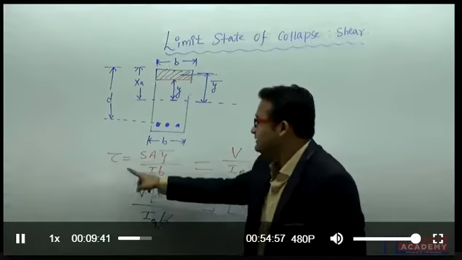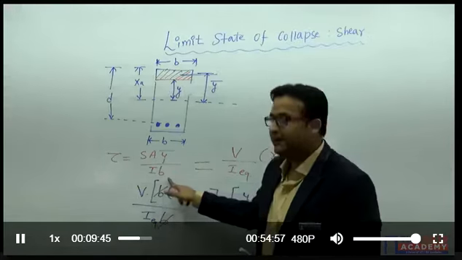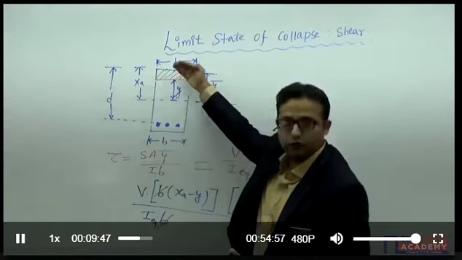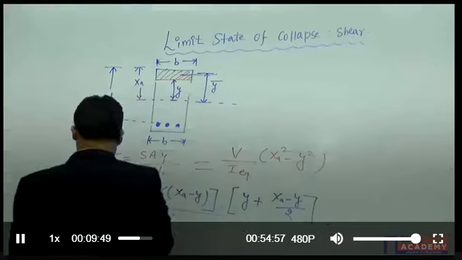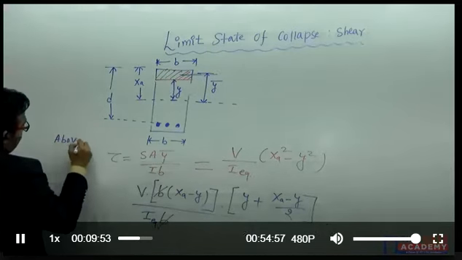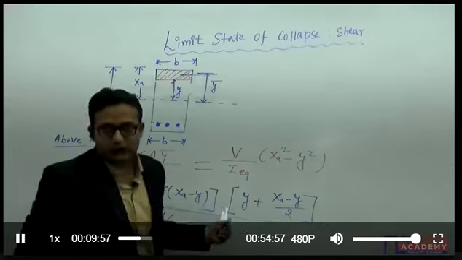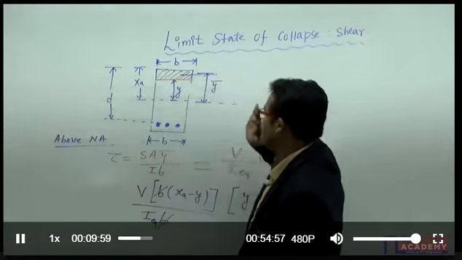So what I did, the formula is same, tau equal to SA Y bar divided by IB. I am calculating above the neutral axis. All these calculations are for above the neutral axis.